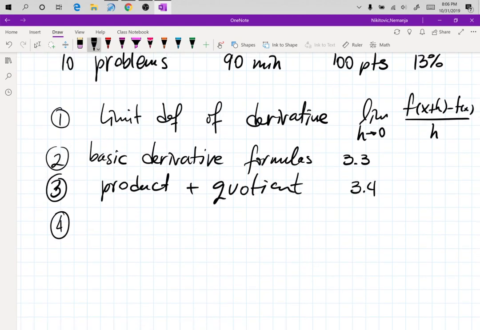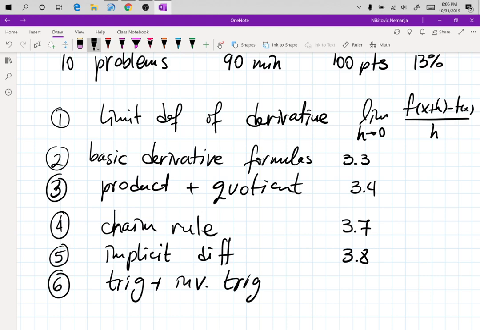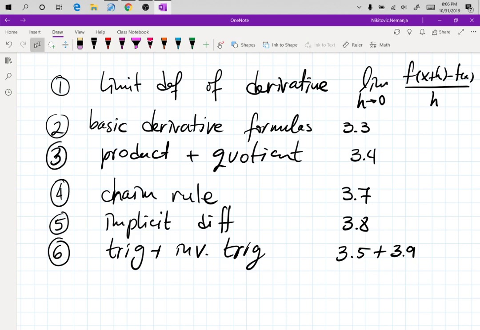We have chain rule, which was 3.7, I believe. We have implicit differentiation, I believe 3.8. We have trig plus inverse trig, which was 3.5 and 3.9 or 3.10.